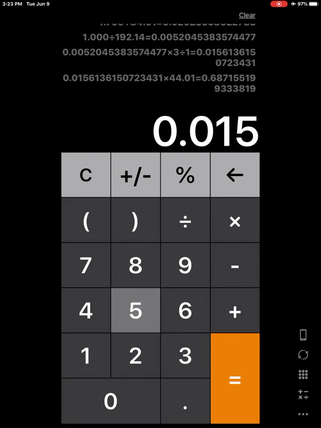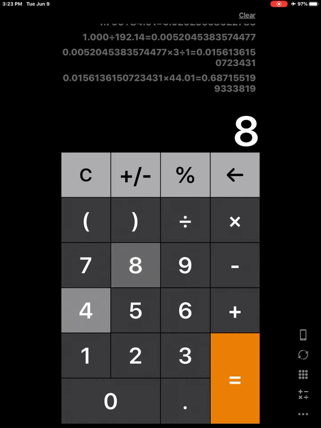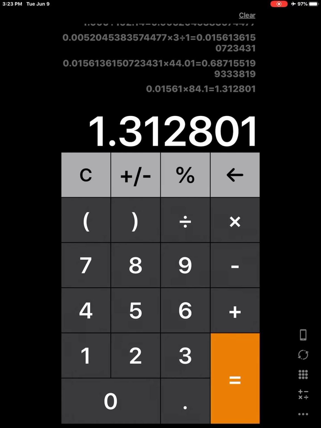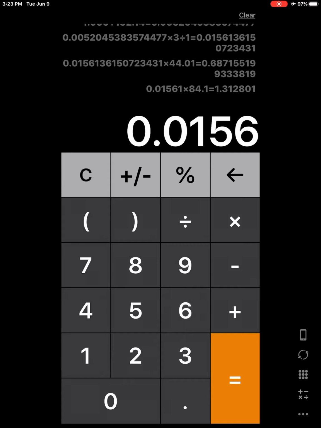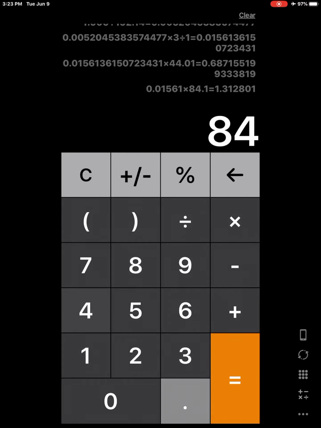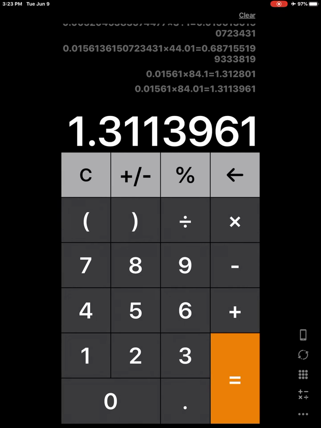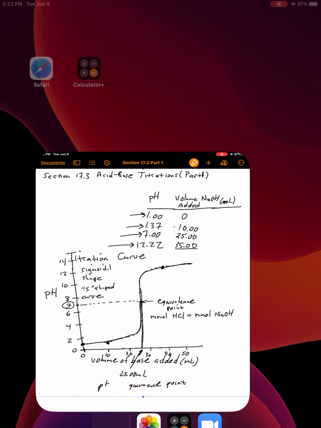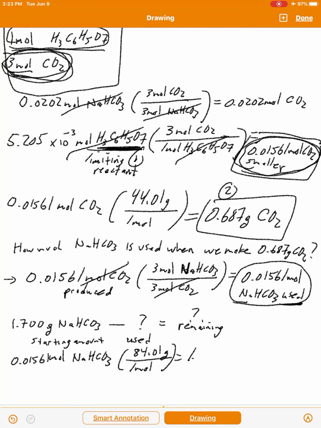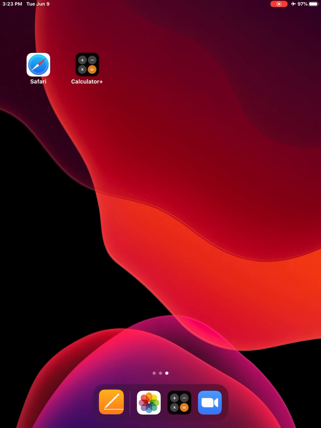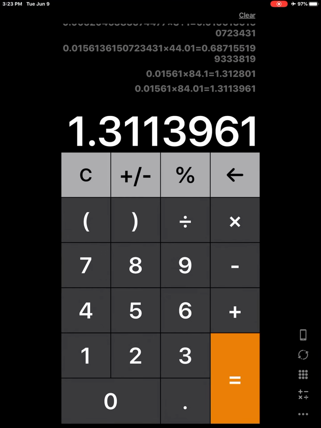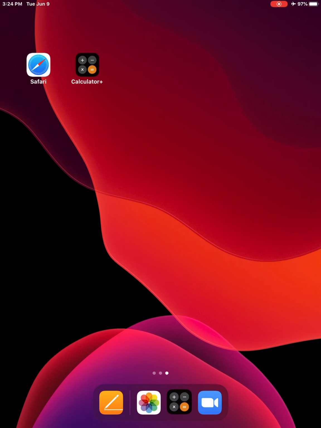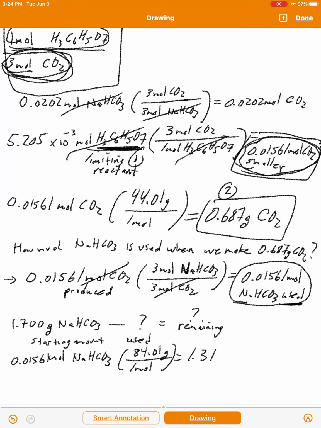So 0.01561 times 84.01 looks like it's about 1.31 grams. Might be 1.311 grams, sorry. 1.311 grams. So that's the amount used right there.